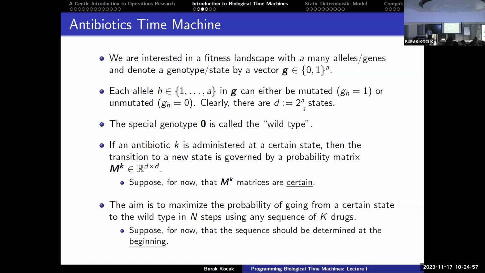You don't need to apply the same antibiotic all the time; we can switch between antibiotics. The superindex k identifies a matrix for every antibiotic. Yes, k is the index for antibiotics. And for now, let's assume that we determine this sequence in the very beginning, and you don't observe what's happening later. That's the assumption for this section.